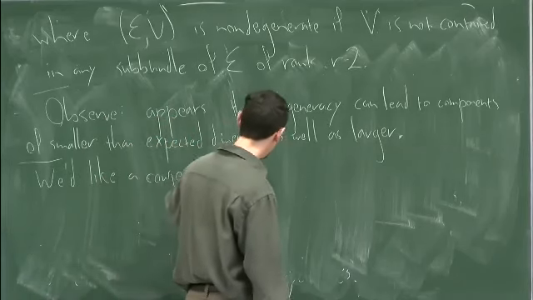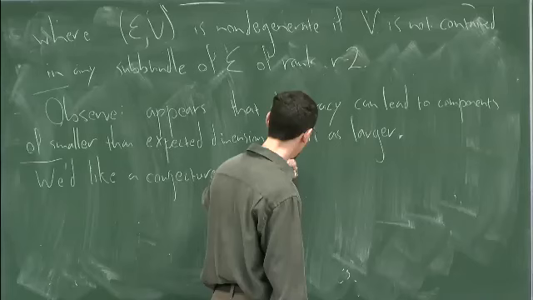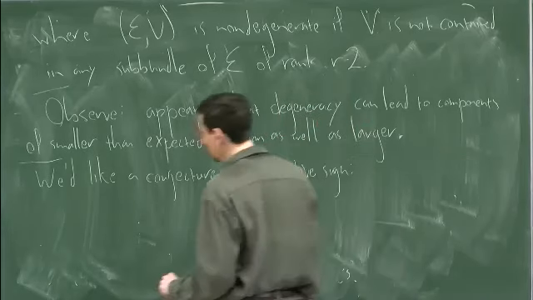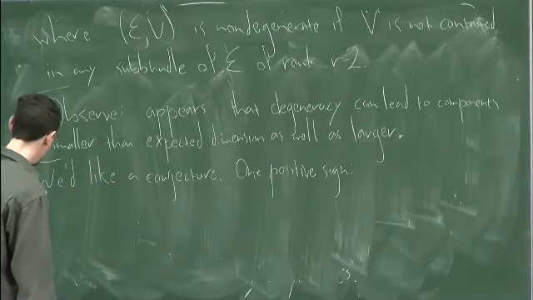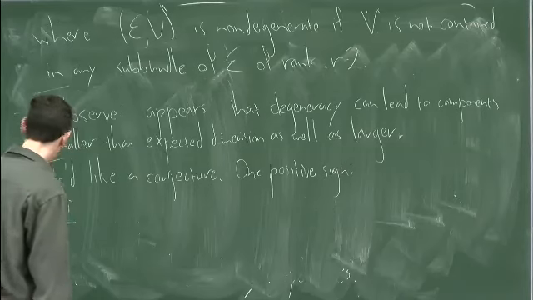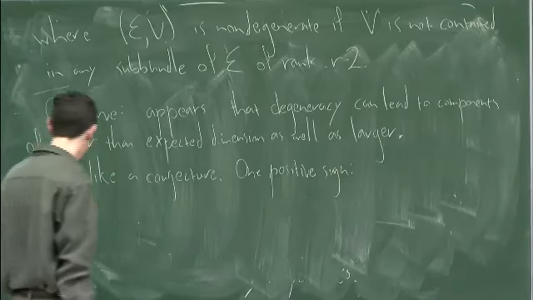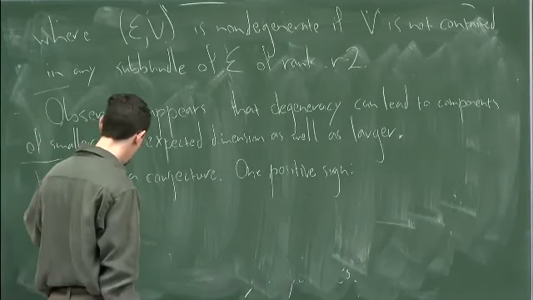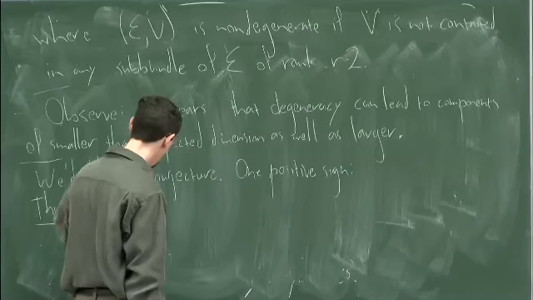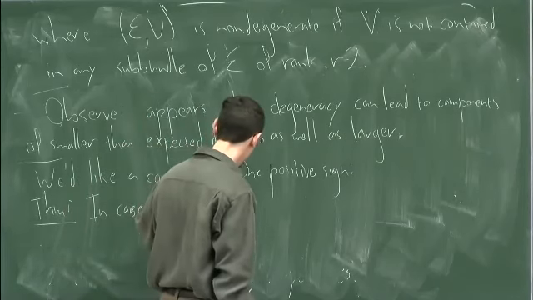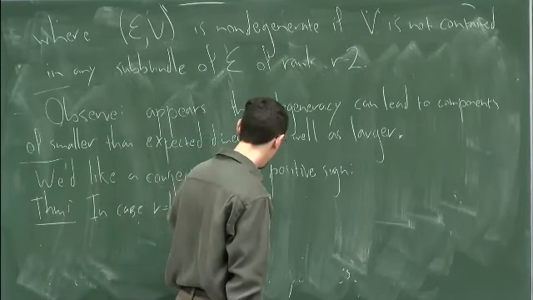So here's one positive sign, but very mildly so, is a theorem, again, preliminary, which is that this theorem here is sharp if C is general. So in the case that r equals k equals 2, the dimension is actually equal to the expected one.